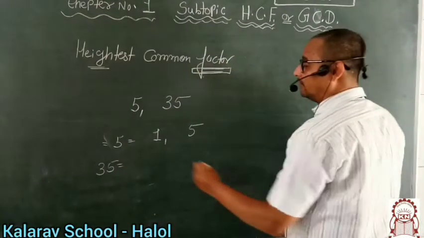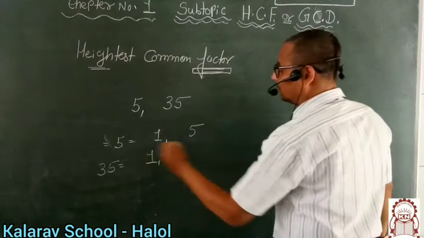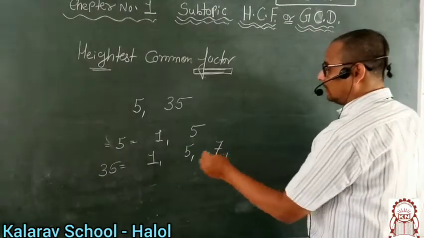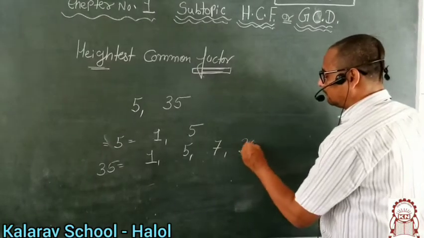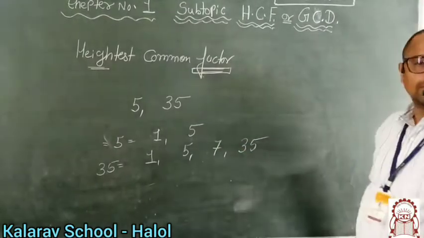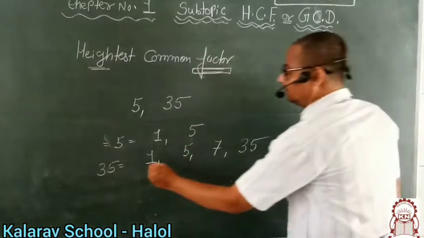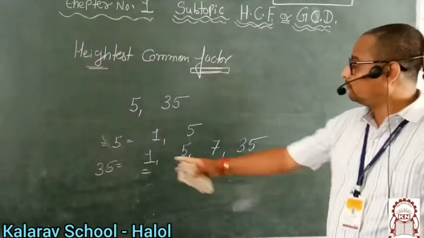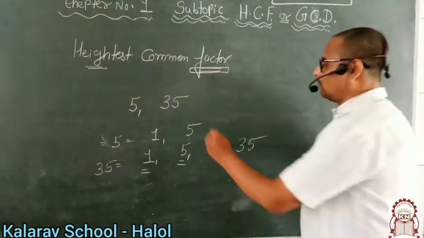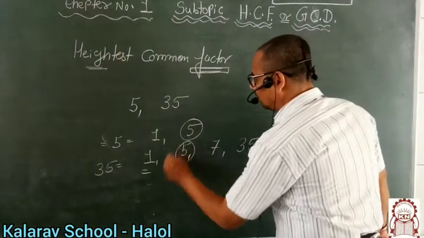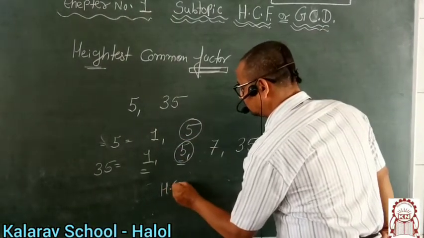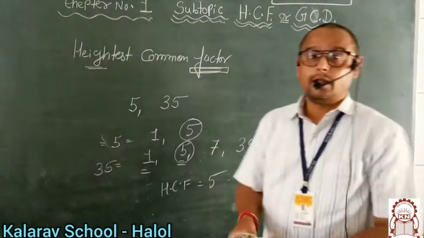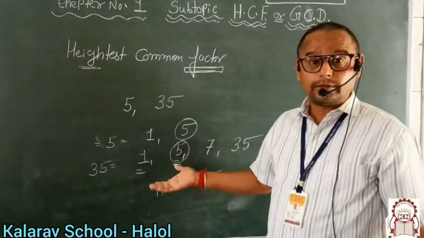So 35 is divisible by 1, 5, 7, and 35. Now you see 1 is also common, 5 is also common, but which one is greater? Of course 5. So HCF is 5. Now what did you understand by it? That is the most important thing.